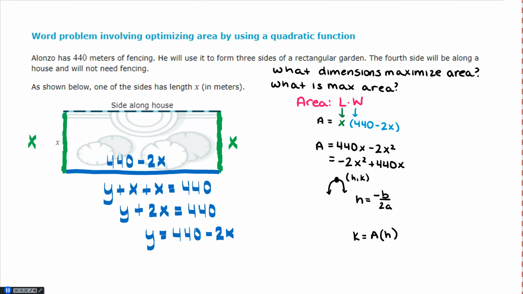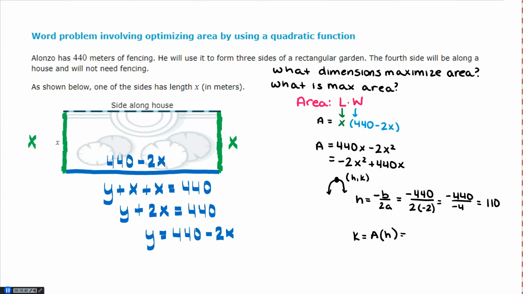So my b is 440, so negative 440 divided by 2 times negative 2. So that's negative 440 divided by negative 4, which makes positive 110.